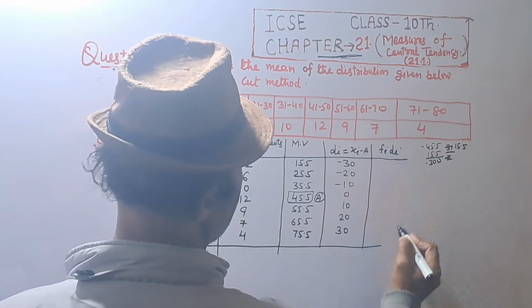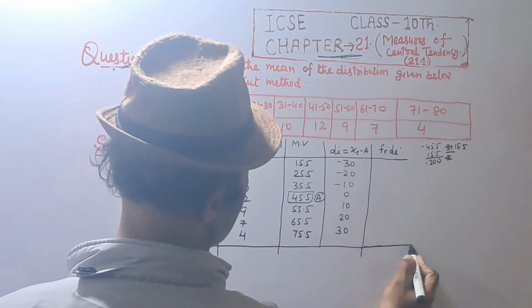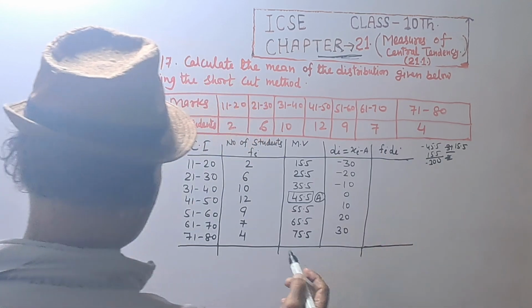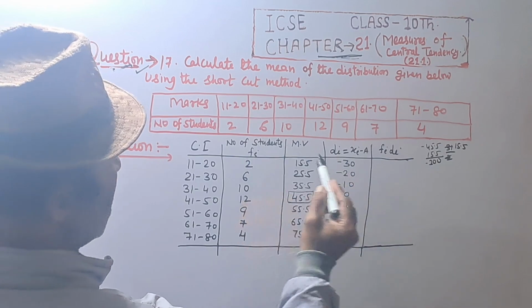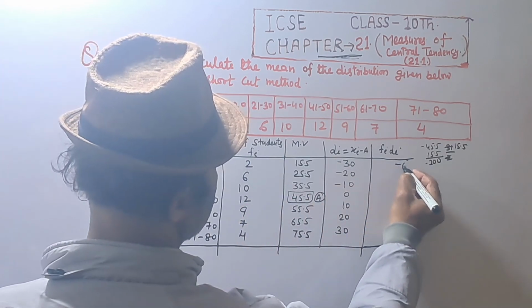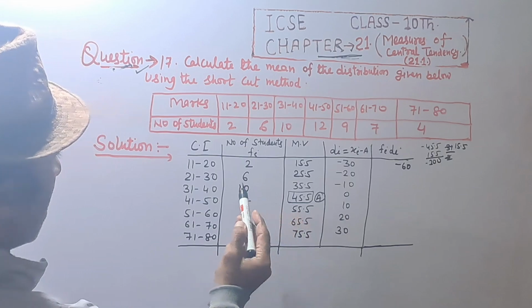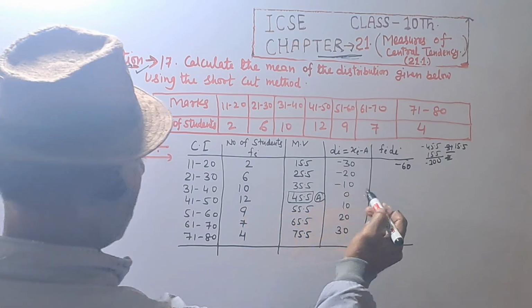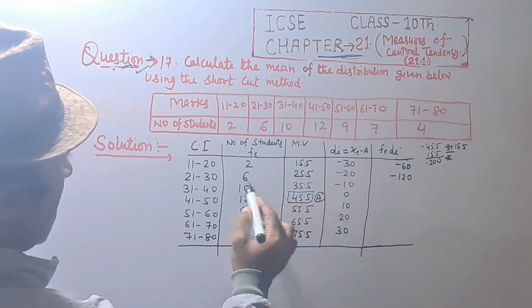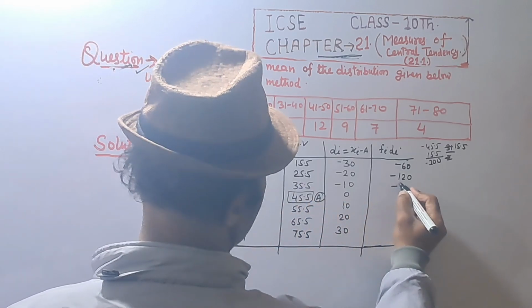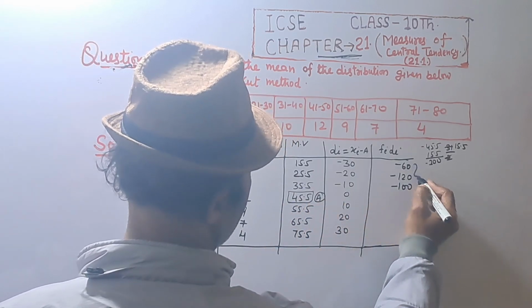fidi. Minus 30 into 2, that is equal to minus 60. 6 into minus 20, that is minus 120. 10 into minus 10, that is equal to minus 100.